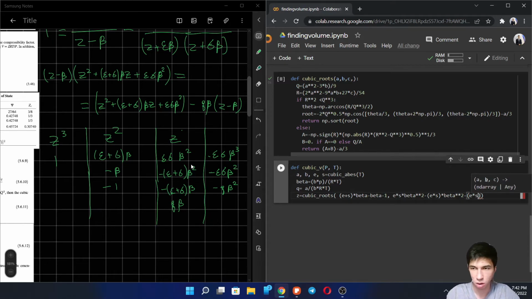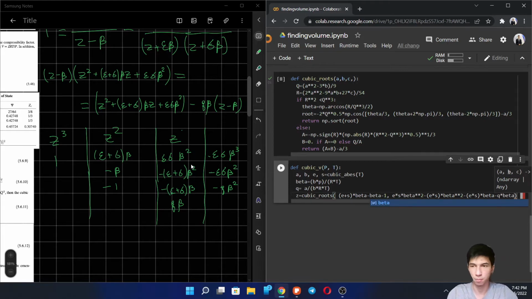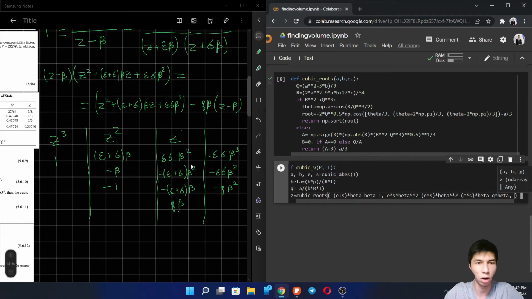Oh, yeah, let's say beta. So it's going to be times beta and minus q times beta, right? So this would be our coefficient for the value z in the first power.